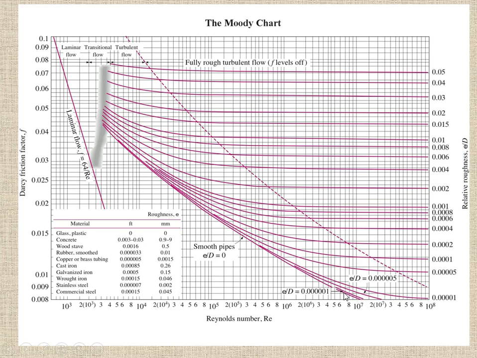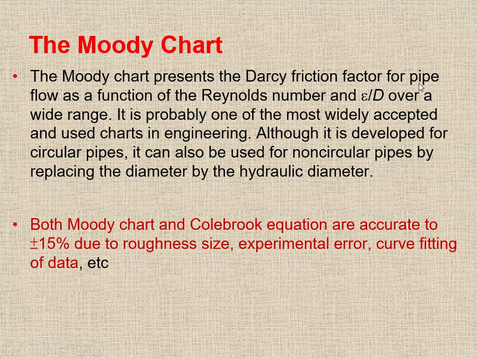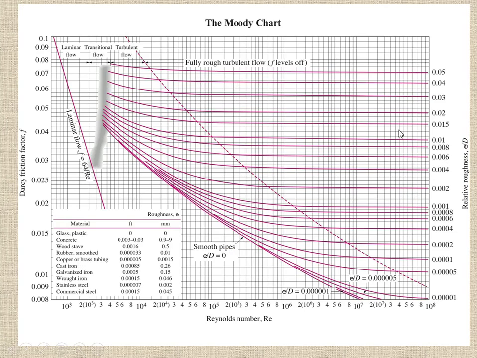This is 0.001, this is 0.005, and here the E by D ratio increases up to 0.05. Once you know the Reynolds number, you can intersect the line with the relative roughness, E by D ratio.